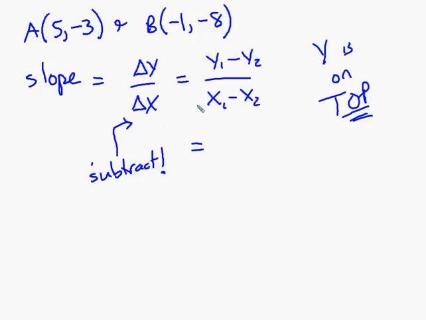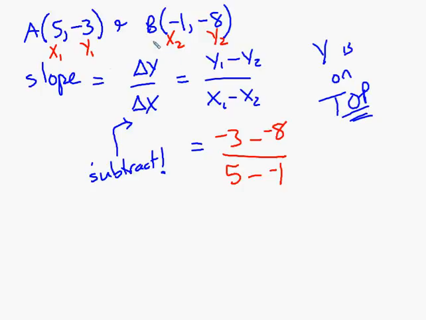So, I'm going to do negative 3, because that's my y1, and my y2 is negative 8. So, I'm subtracting. So minus negative 8 all over 5 minus negative 1, because these are my x's. And I need to be consistent.